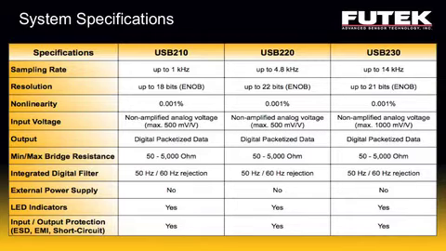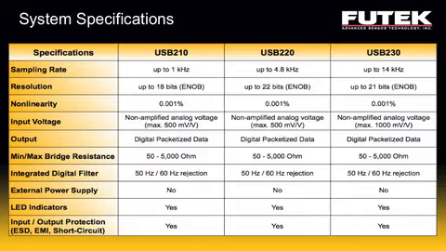They all are in a custom digital packetized data, and they all support the same minimum and maximum bridge resistances from 50 ohms all the way up to 5,000 ohms. They all use an integrated digital filter for 50 Hz and 60 Hz noise rejection, and we also have an external power supply which is not required for any of the devices.